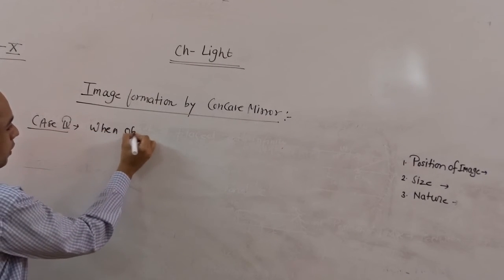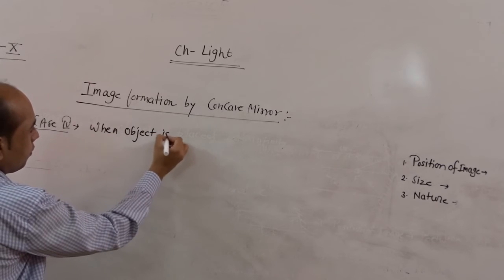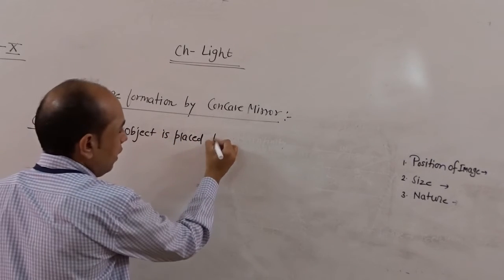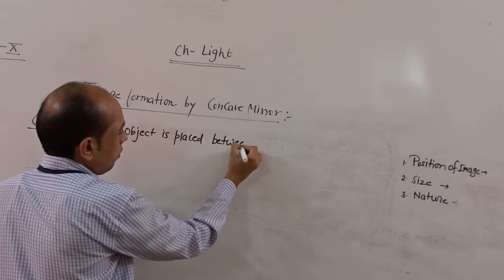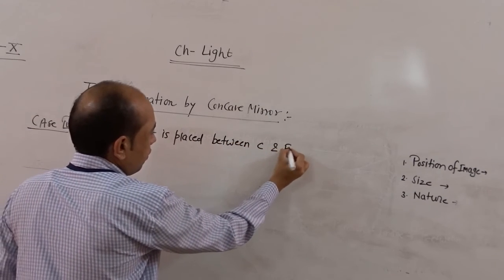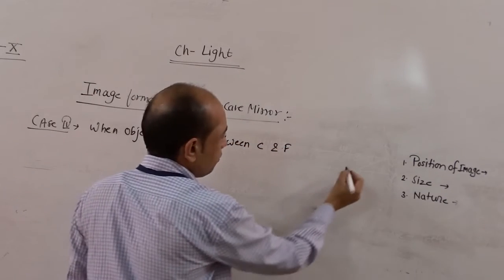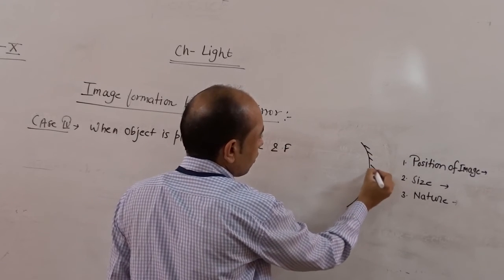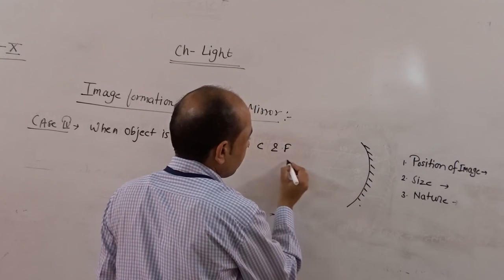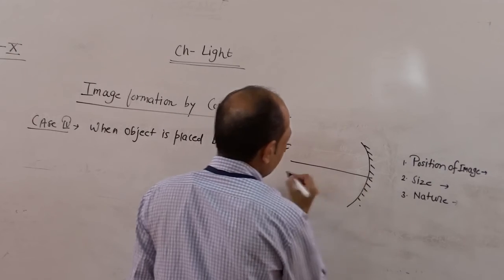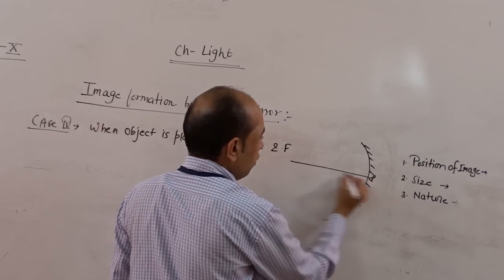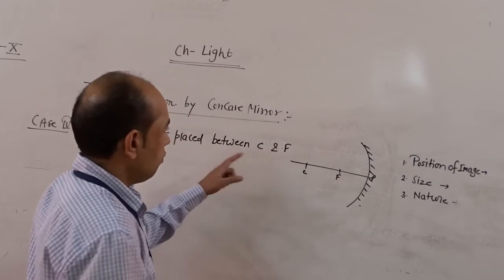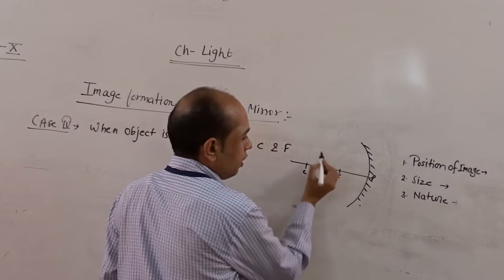When the object is placed between C and F. Again principal axis, pole, focus and center of curvature. Now the object is placed between center of curvature and focus.